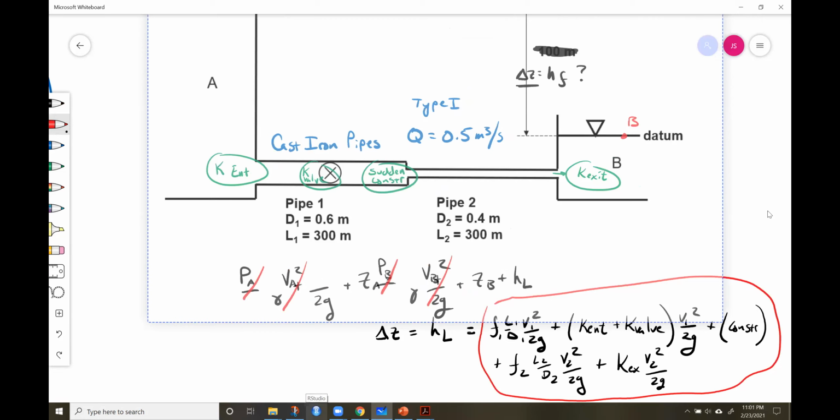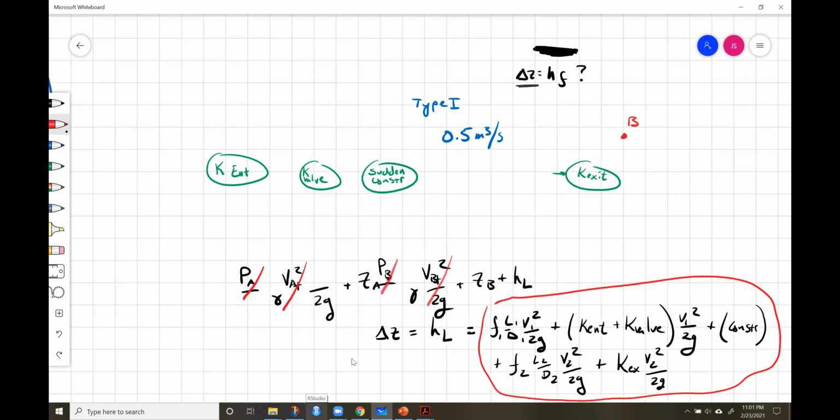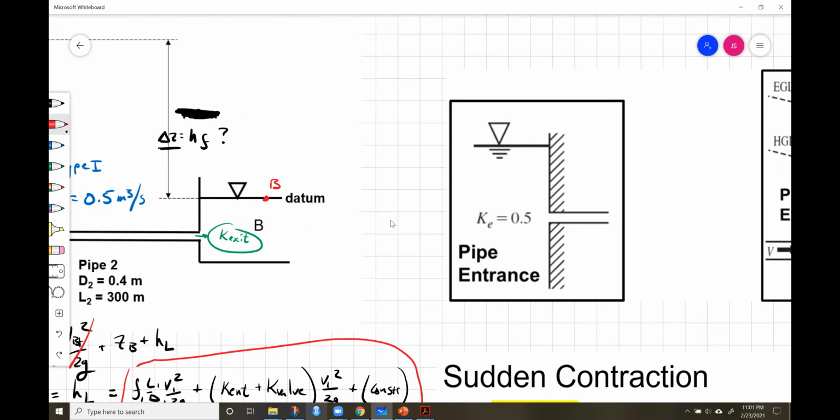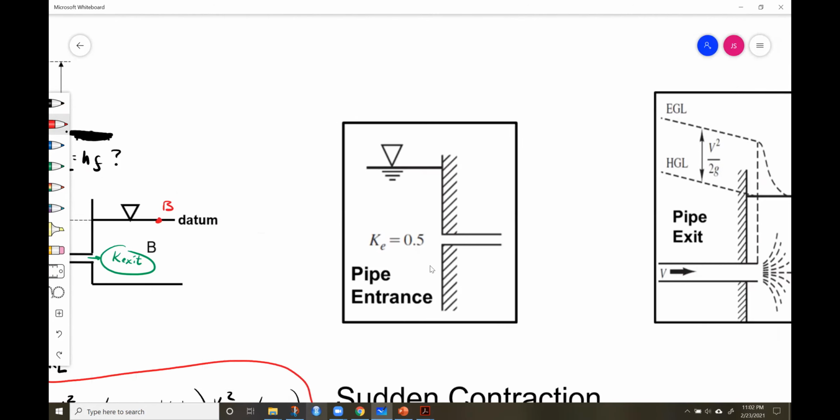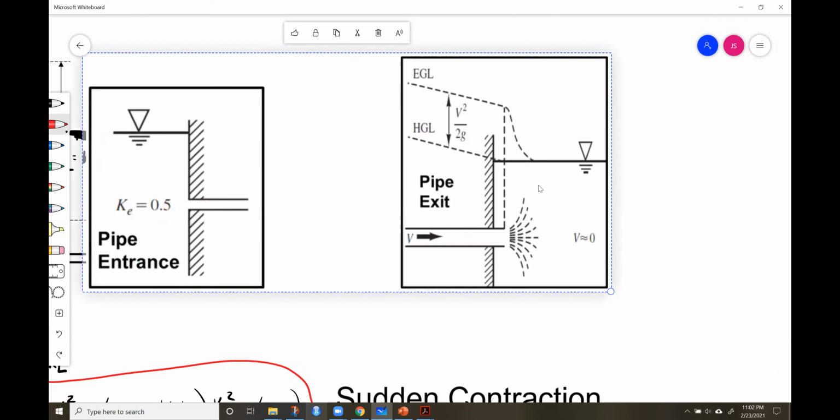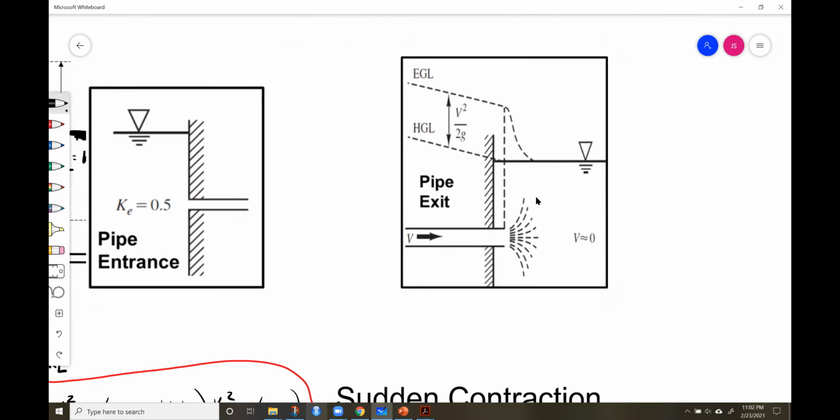Let's take a look at how we're going to calculate our minor losses. Well, if we go to our book, we can find that for pipe entrance, they just use a standard value of 0.5 for sharp edge entrances. That's what we'll assume. If we look at the exits, we know that K is equal to 1.